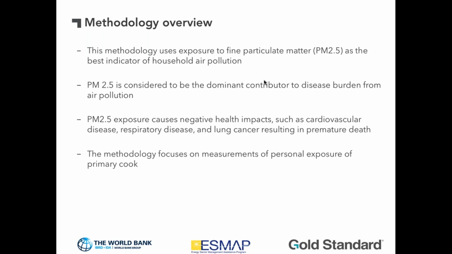This is done because PM 2.5 is considered to be the dominant contributor to the burden of different diseases like stroke, chronic obstructive pulmonary disease, etc. as a result of air pollution, regardless of the source or the fuel which is being used. And PM 2.5 exposure causes negative health impacts, leading to several diseases.